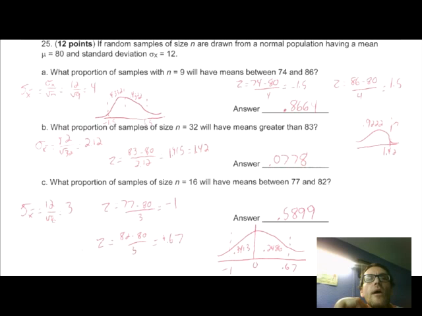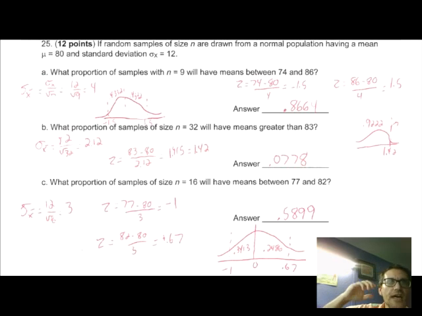Next one. Now we've got that 1.42. You see I drew the picture. It's kind of a funky picture, but I hope you get the idea. What we want to know here is what proportion is to the right of 1.42. Okay? And so we know that we can never look that up. Instead, we can look up the proportion between 0 and 1.42. So let's look that up first.